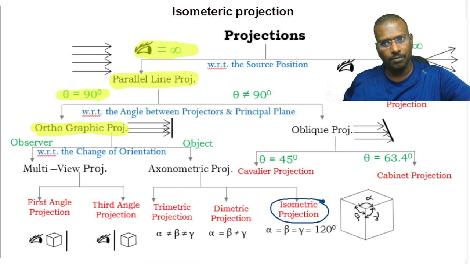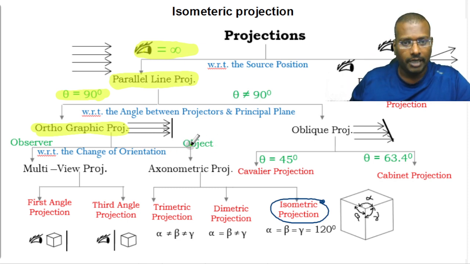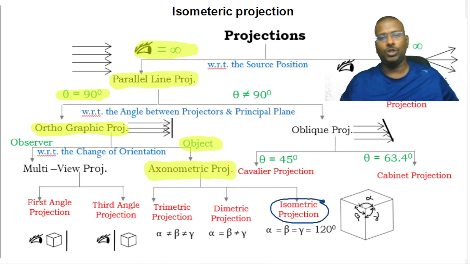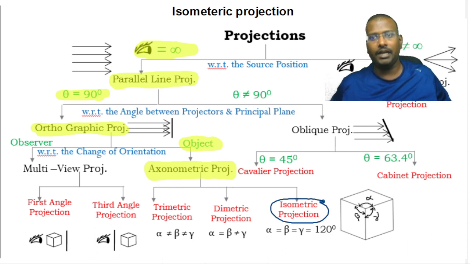All these three pieces of information we get by changing the orientation of the object. Whenever the object orientation changes to get the complete information, it is considered as axonometric projection. What is axonometric projection?